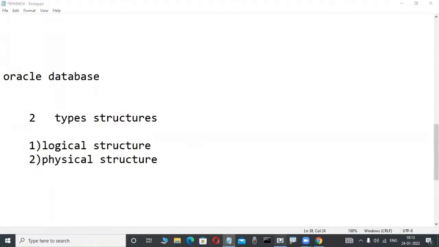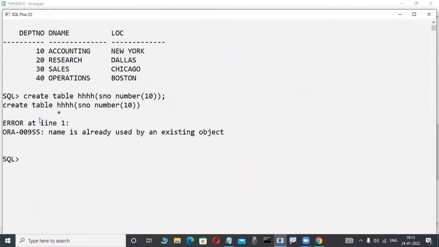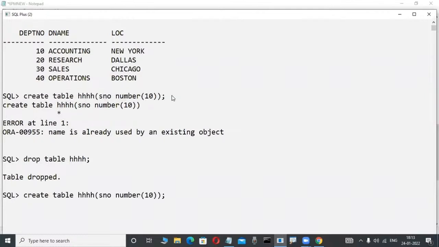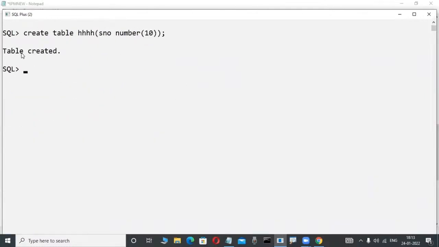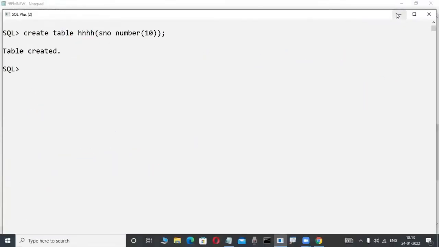Suppose you are creating a table or anything in your database, for example. Whenever I create a table, it is not visible in the operating system.